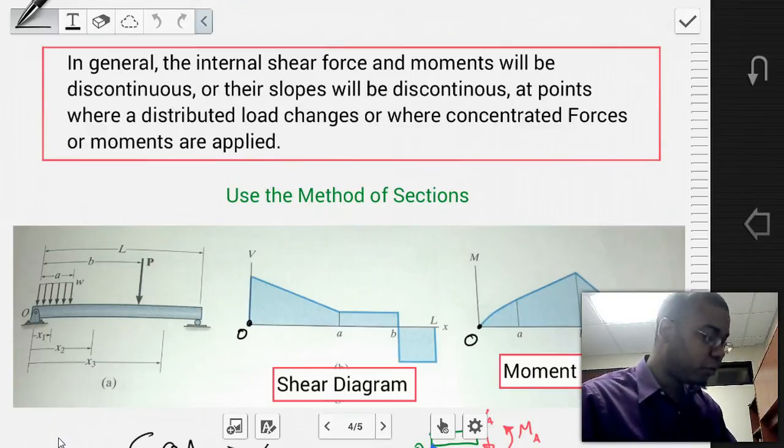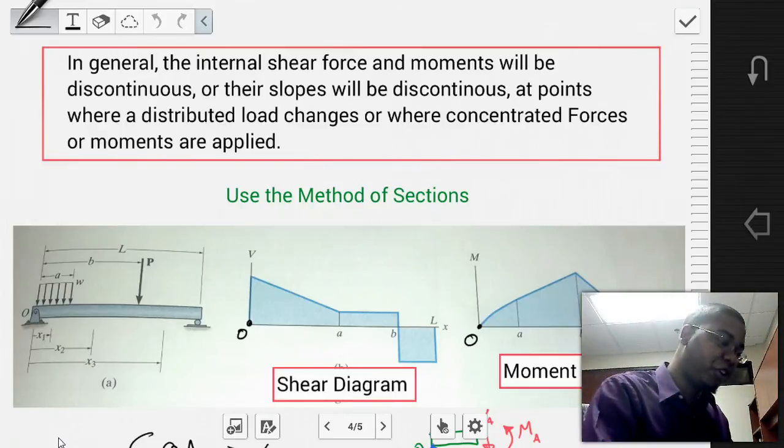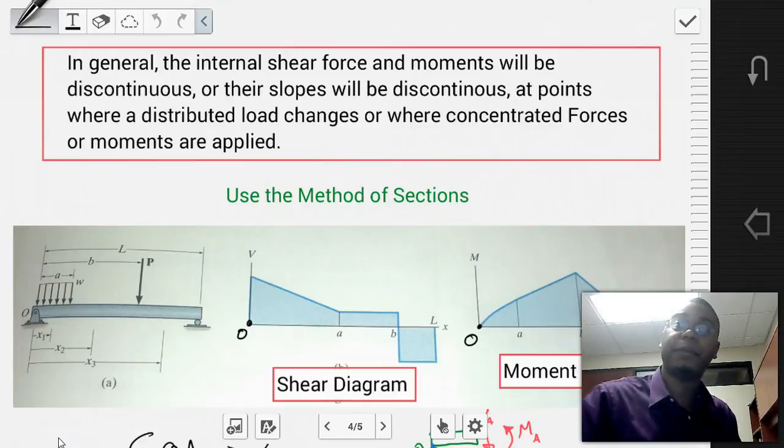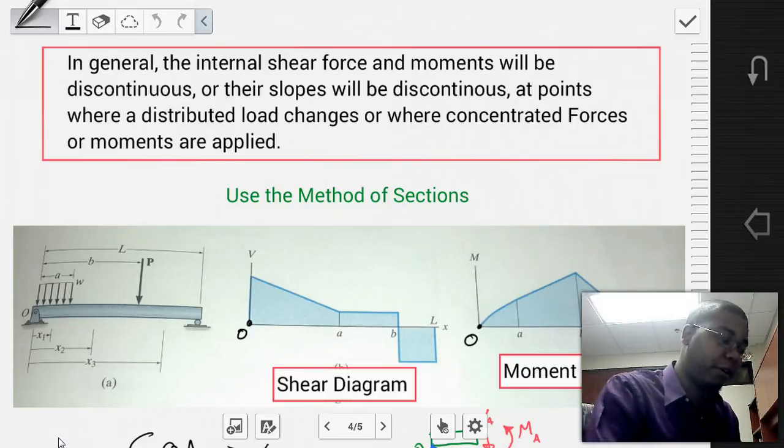We can describe the internal shear and the internal moment loads with respect to the distance along the beam by creating shear and moment diagrams, where for the shear diagram the y-axis is the value of the internal shear force, and the x-axis is the length of the beam. Similarly, for the moment diagram, the y-axis is the value of the internal bending moment, and the x-axis is the position along the beam.